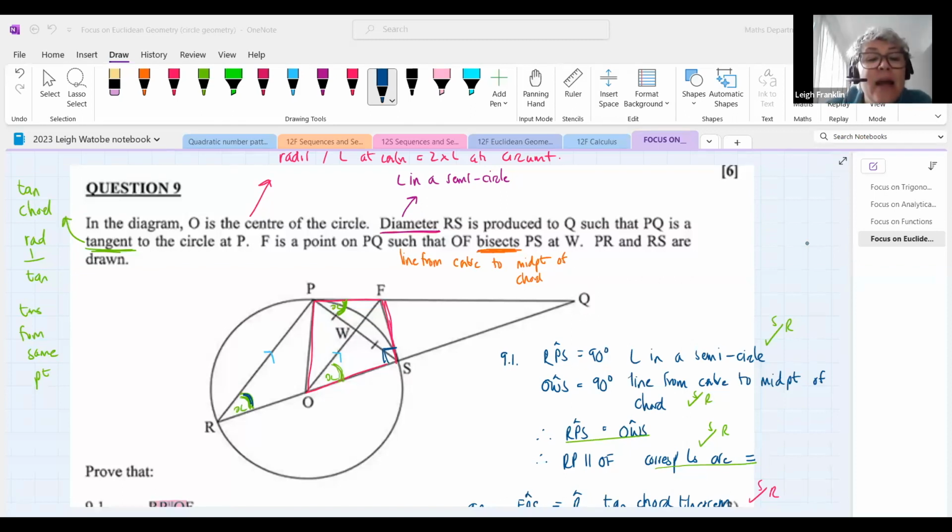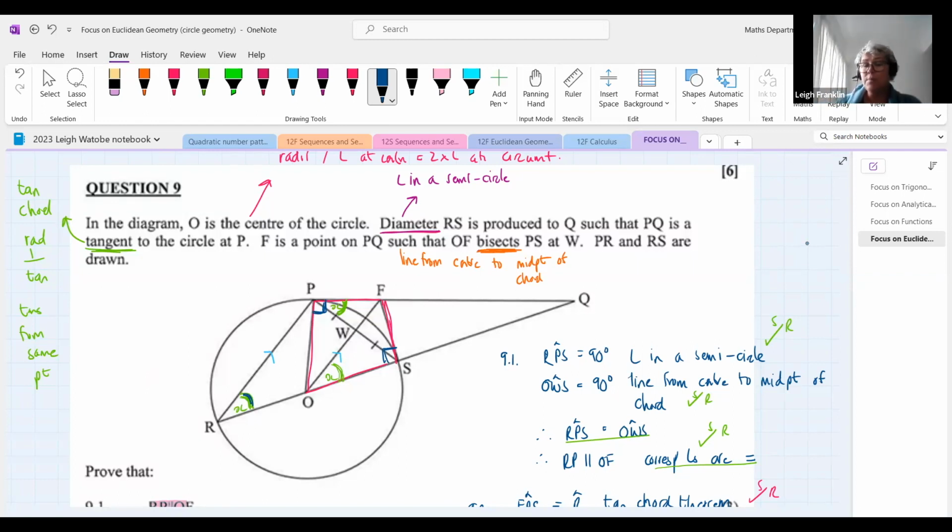Okay, so now let's tie that together with Cassandra's suggestions. We've just proved that this pink quadrilateral is cyclic. We've got the angle at P equal to 90 because we've been told PQ is a tangent and we know that OP is a radius.